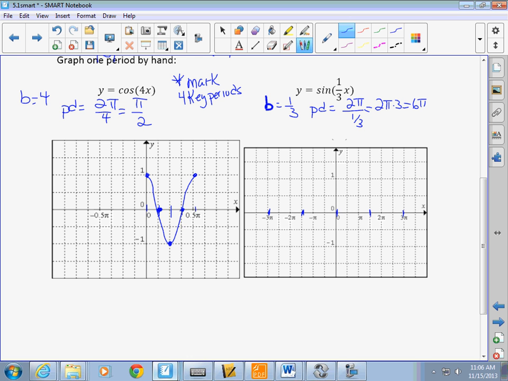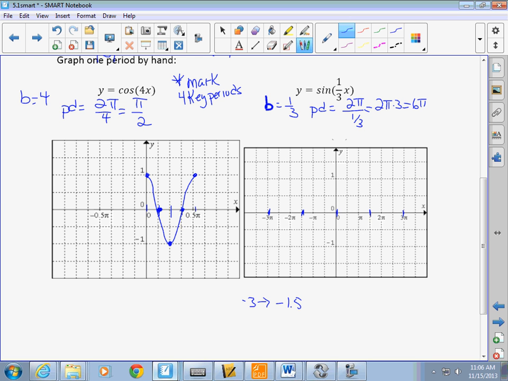So it's actually 1.5 pi, right? So I went from negative 3 pi to negative 1.5. So I've divided my 6, and if you go 6 divided by 4, well, I know every 1.5 I have to have a key point.